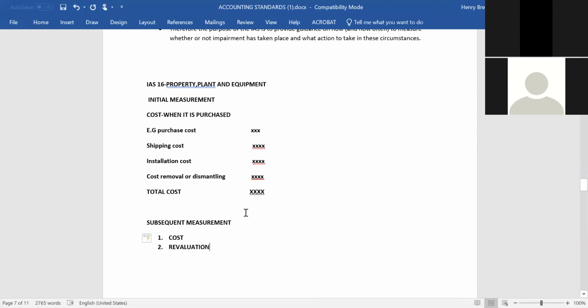You can decide to start with cost initially and subsequently still cost, just like in the case of the US, the CPA perspective, where measurement of the cost of a property is cost throughout, initial cost, subsequent cost. But in the case of IFRS, the European perspective, or in the case of Ghana, we can use revaluation in the subsequent measurement. If we're using the revaluation method, then students are to be very careful with such issues.